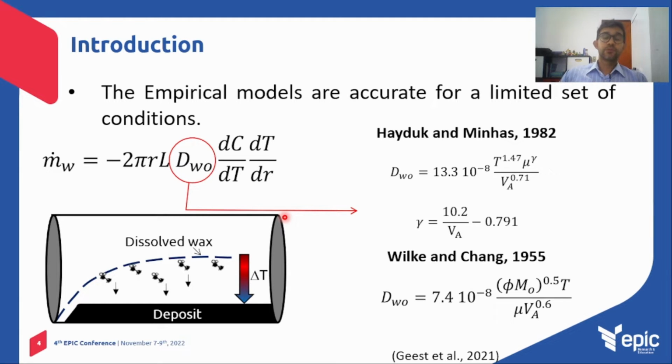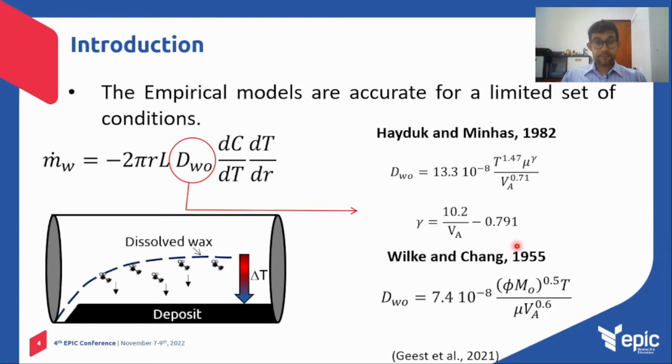Two correlations or two models are basically used in the literature and in the oil industry: Hayduk-Minhas is one and Wilke-Chang is the other. They are simple correlations, simple models, and both consider just the temperature, viscosity, and molar volume.